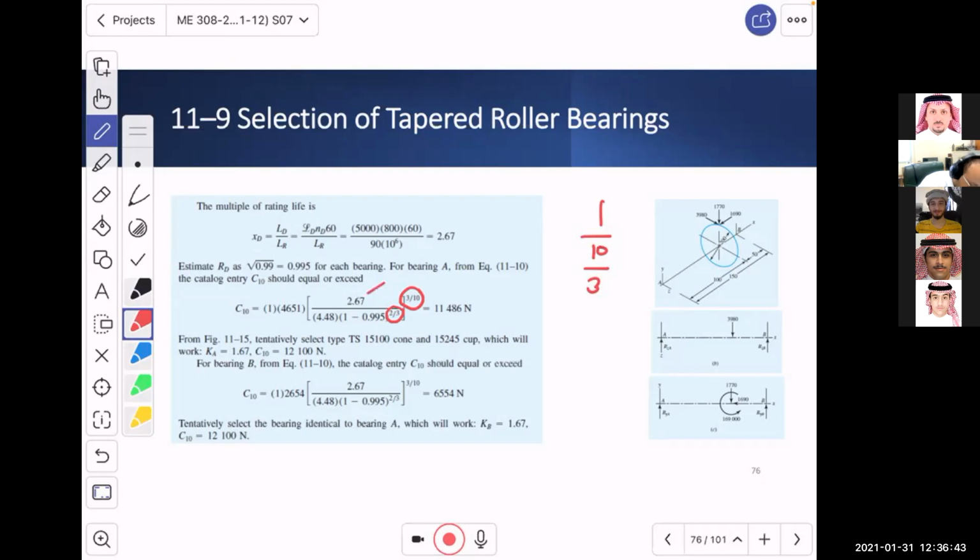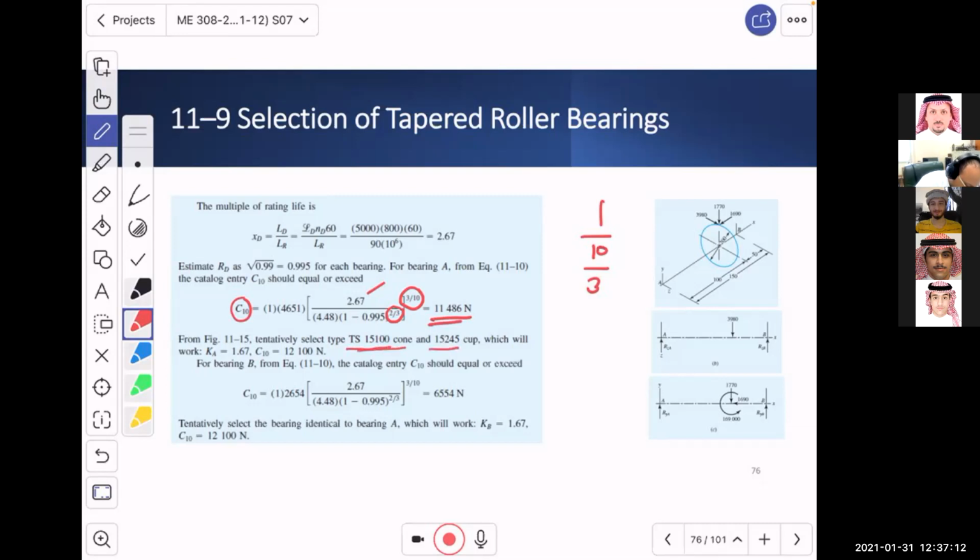And what do we get? We get 11,486 Newton. That's a C10. Okay? So what does it say in the solution? It says that if you go and look, you will find a TS 15100 cone and a cup of 15245.